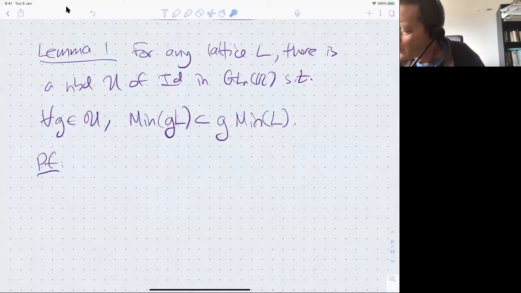Proof. So L is given, it has its collection of minimizers, and all the vectors that are not minimizers are longer by some amount.